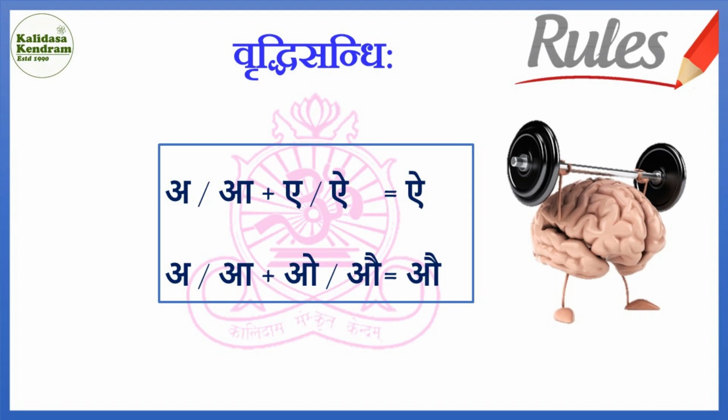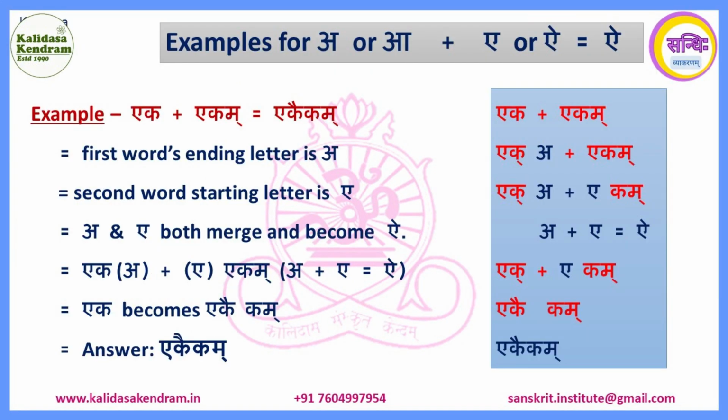Now we move on to the example for rule number 1, a or aa plus e or ai. Then both the letters merge with each other and form ai. Example: Eka plus ekam becomes ekaikam. The first word's ending letter is a.